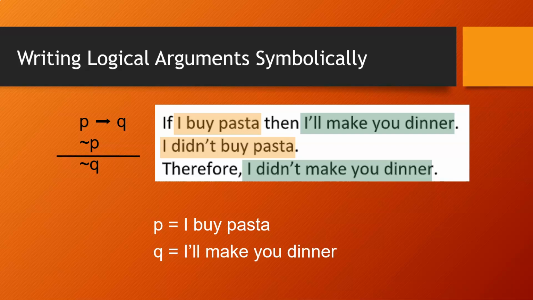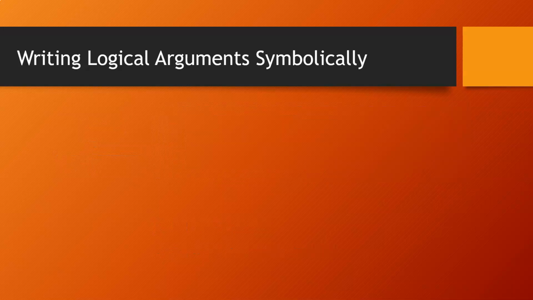First of all, we'll put a line in between the 2 premises and the conclusion. And secondly, you'll notice that our logical argument contains the word therefore, and we'll show that with these 3 dots.